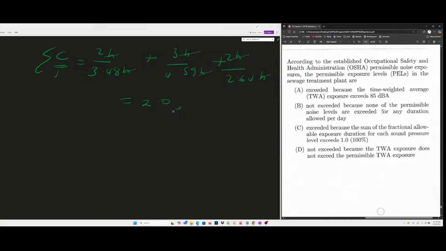Exceeded because the sum of the fractional allowed exposure durations of sound exceeds 1? Yes, this is 100% because 2 is greater than everything. Not exceeded is no. It doesn't exceed because the time weighted average exceeds 95?